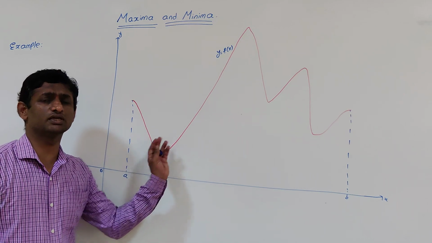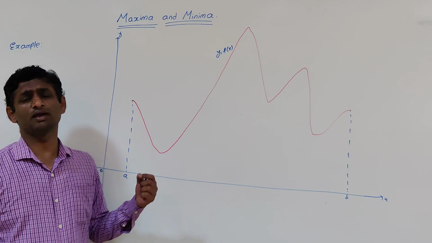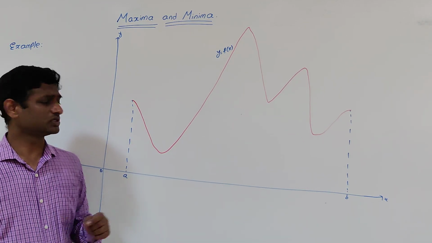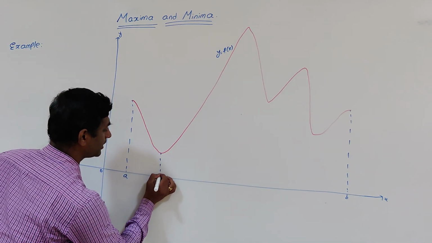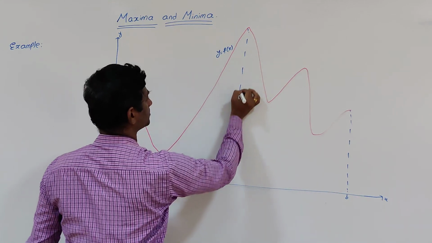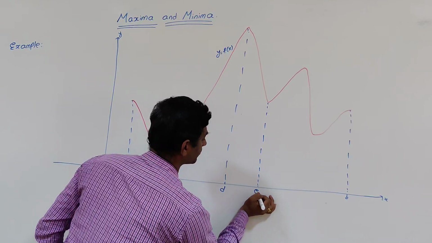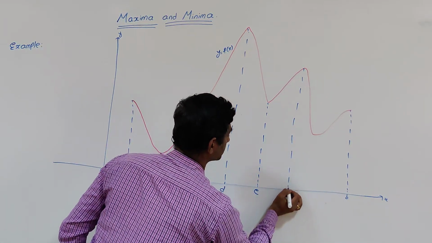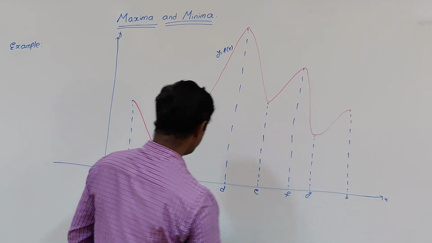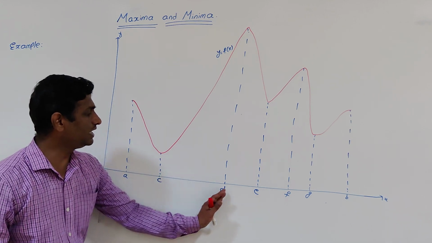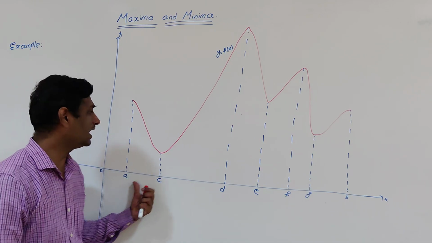Assume that this is a graph of a continuous function defined on the closed interval a comma b, and assume that this is the point C, this is the point D, this is E, this is F, and this is G. Means some elements C, D, E, F, G are the elements which exist in between A and B.